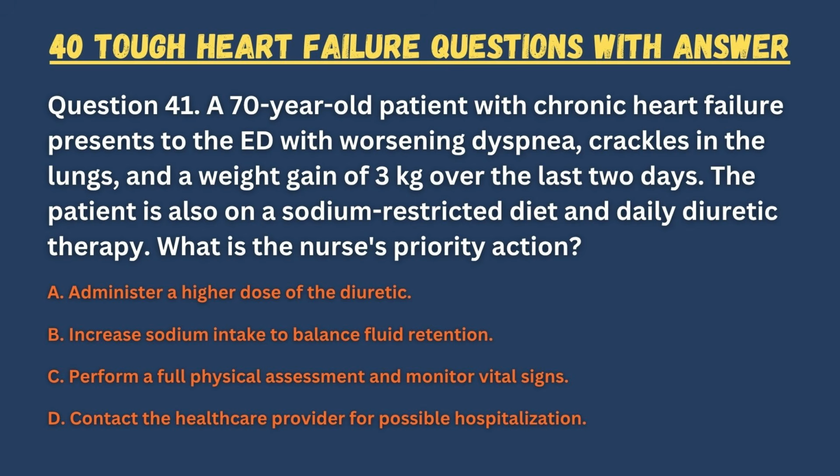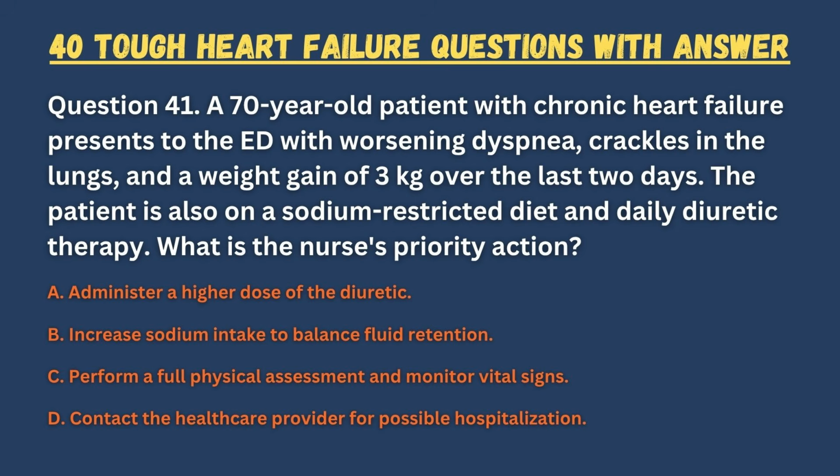Question 41. A 70-year-old patient with chronic heart failure presents to the ED with worsening dyspnea, crackles in the lungs, and a weight gain of 3 kilograms over the last 2 days. The patient is also on a sodium-restricted diet and daily diuretic therapy. What is the nurse's priority action? A. Administer a higher dose of the diuretic. B. Increase sodium intake to balance fluid retention.